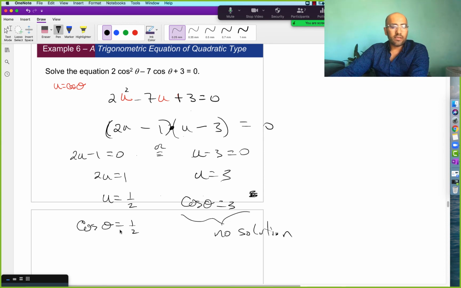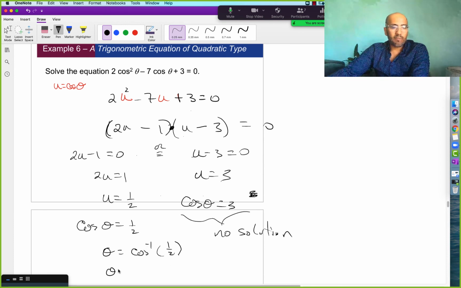But this one looks familiar. Cosine of theta equals 1/2, that's going to be 60 degrees. Cosine of 60 degrees equals 1/2, right? If that doesn't come to mind right away, then you can say theta equals cosine inverse of 1/2.